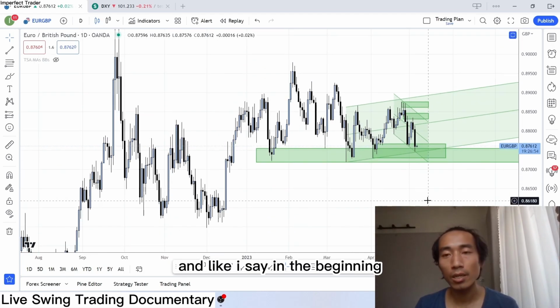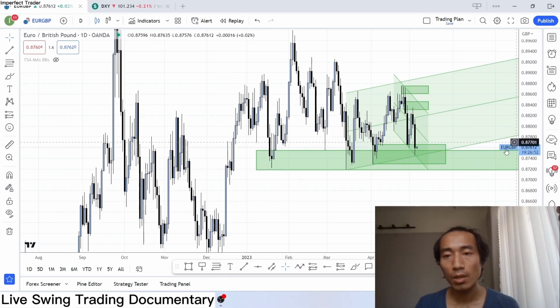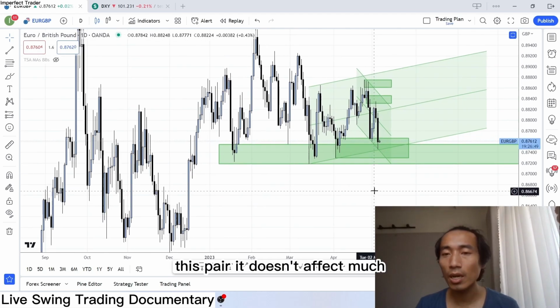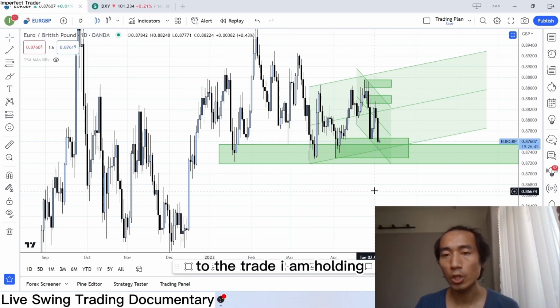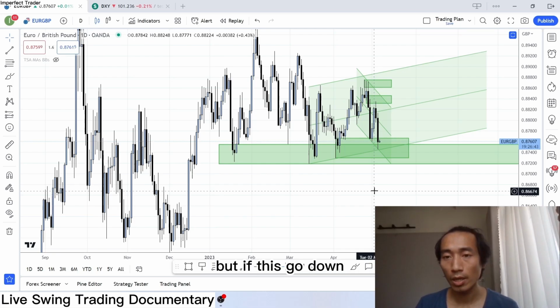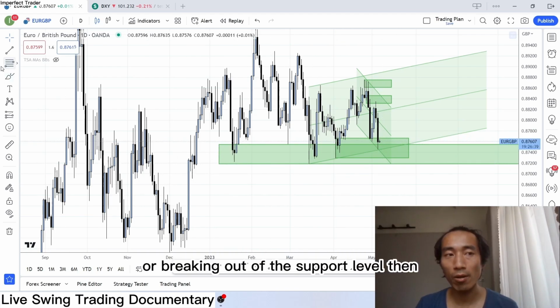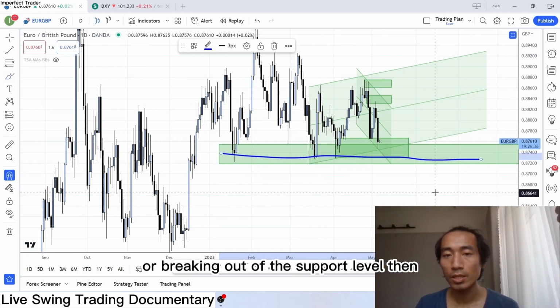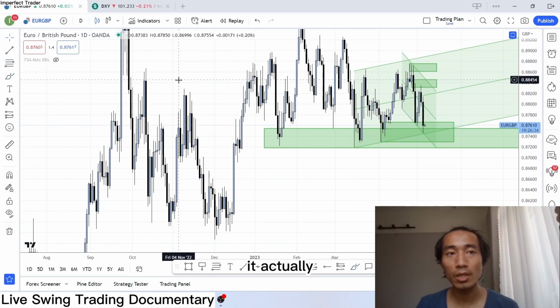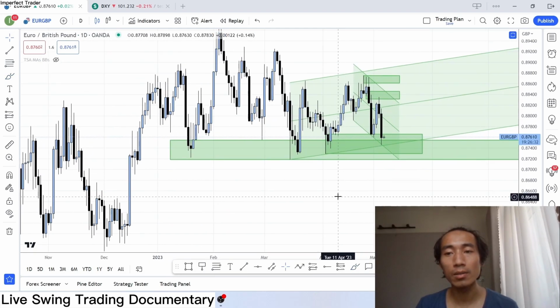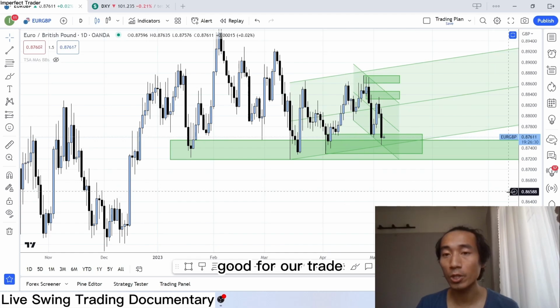And like I say in the beginning, this pair doesn't affect much the trade I am holding, but if this goes down or breaks out of this support level, then it is actually good for our trade.